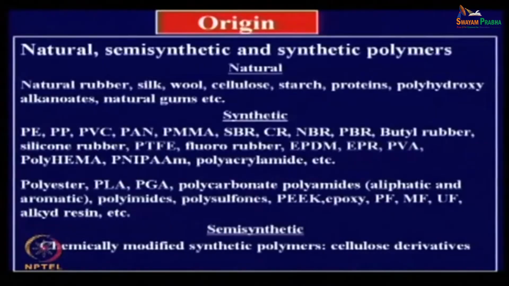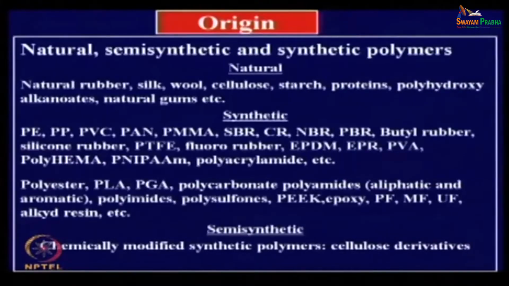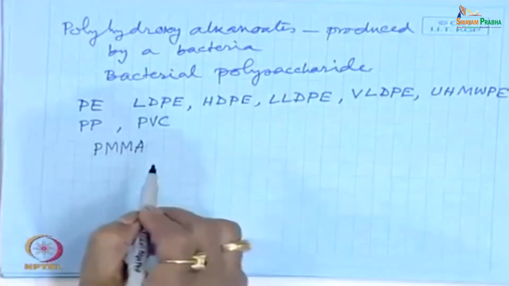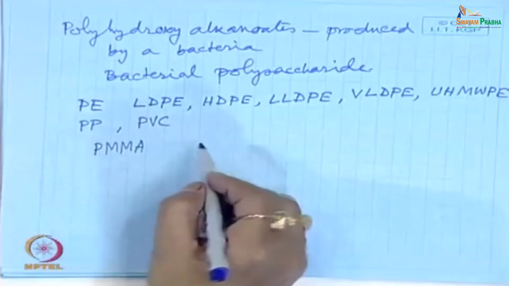PAN, polyacrylonitrile, PAN. You have to be acquainted with these abbreviations of these polymers. PMMA, polymethyl methacrylate. How to write the structure of PMMA? Formula of PMMA? Repeating unit formula of PMMA?